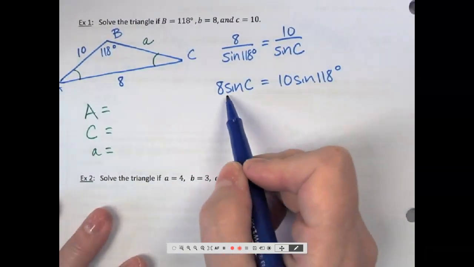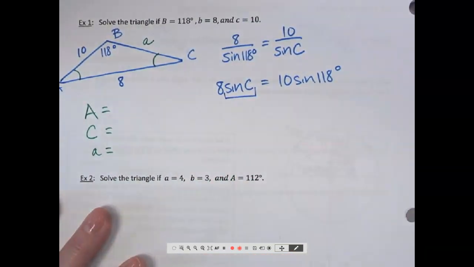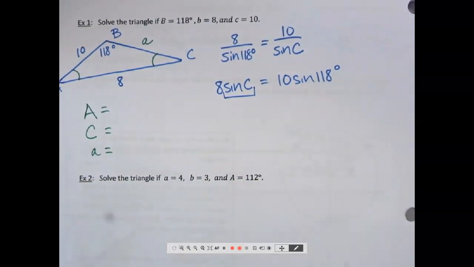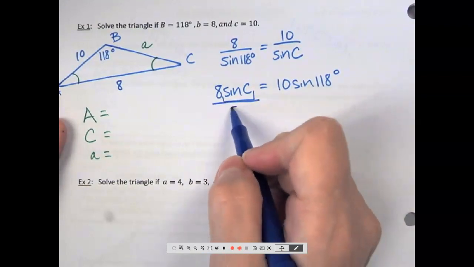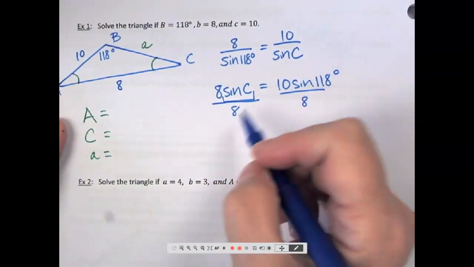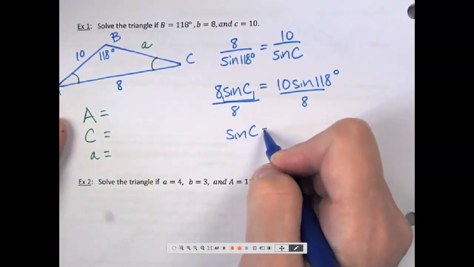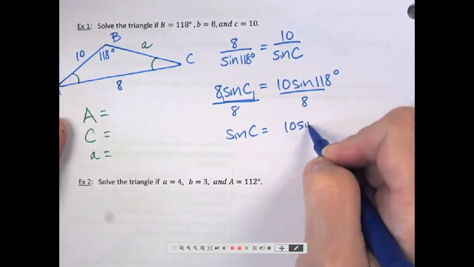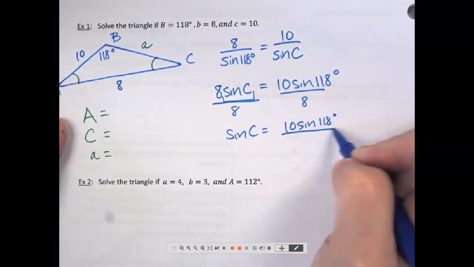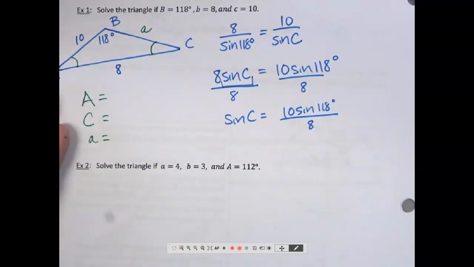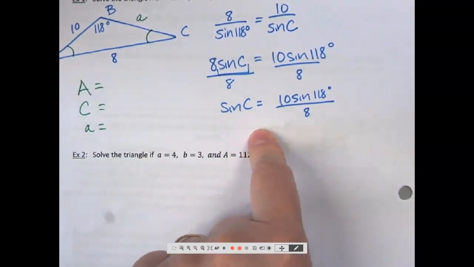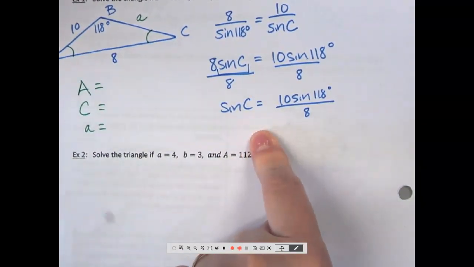Okay, I want to solve for sine C because I can't separate sine and C. Sine has to have an angle that follows it. So we're going to divide by 8, and get 10 sine 118 over 8. Okay, how do I find the angle again when I'm looking for an angle?